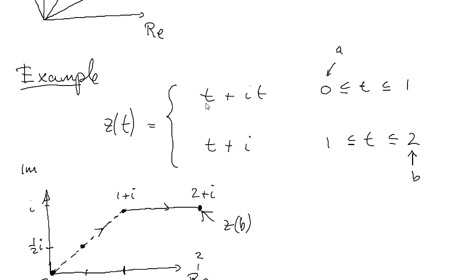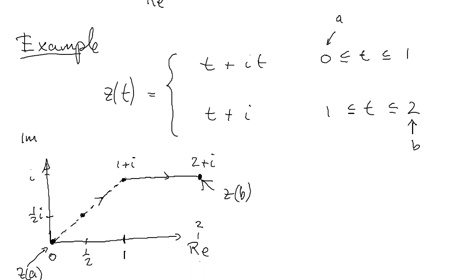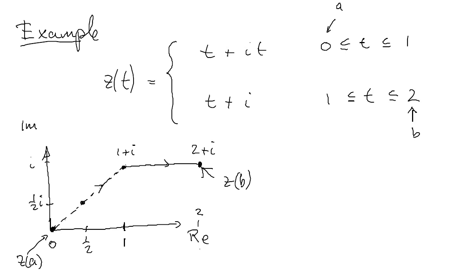It is equal to t plus it in the region from 0 to 1, and it's t plus i in the region from 1 to 2. So let's try to describe or illustrate this arc.